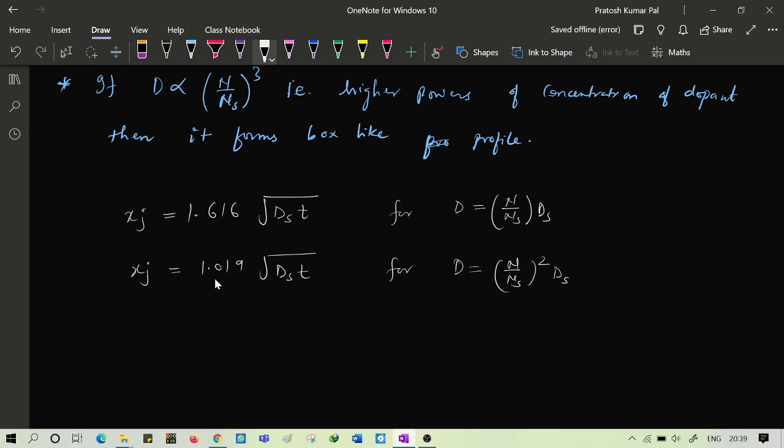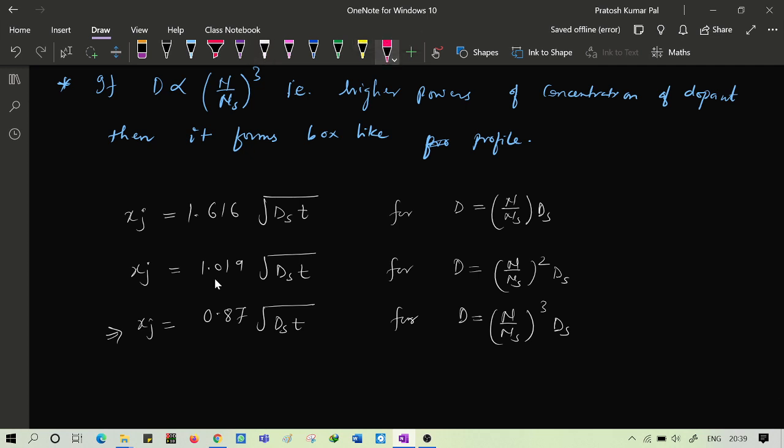This is obviously visible with respect to the graph. So in case the relation of diffusion coefficient with respect to the dopant concentration has a power of 3, then in that case the junction depth is given by this.